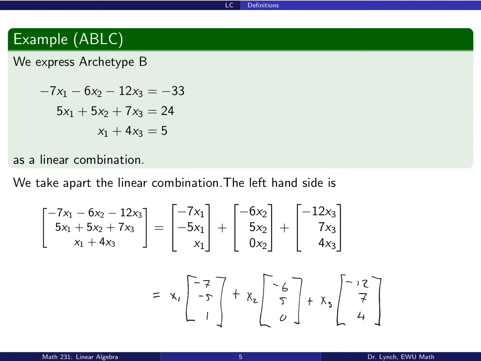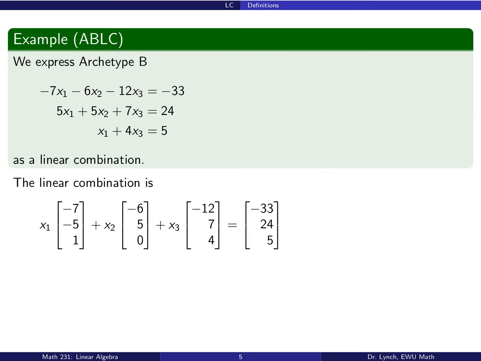So here's a linear combination: a scalar x1 times the vector negative 7, 5, 1, a scalar x2 times a vector negative 6, 5, 0, and a scalar x3 times a vector negative 12, 7, 4. Okay, so you may recognize those vectors as elements of the coefficient matrix from the linear system. And we'll see how that's important in a moment.